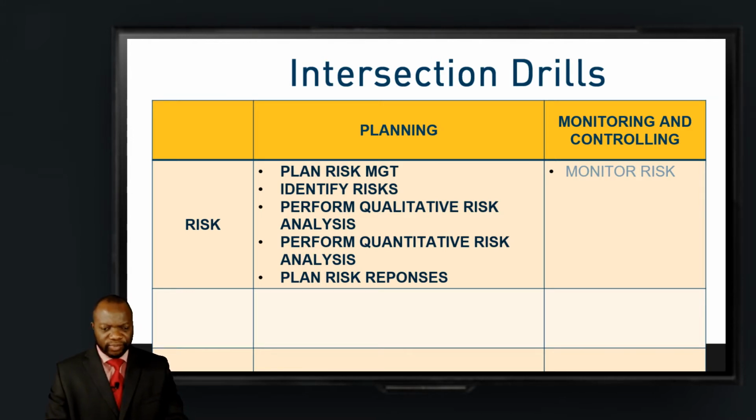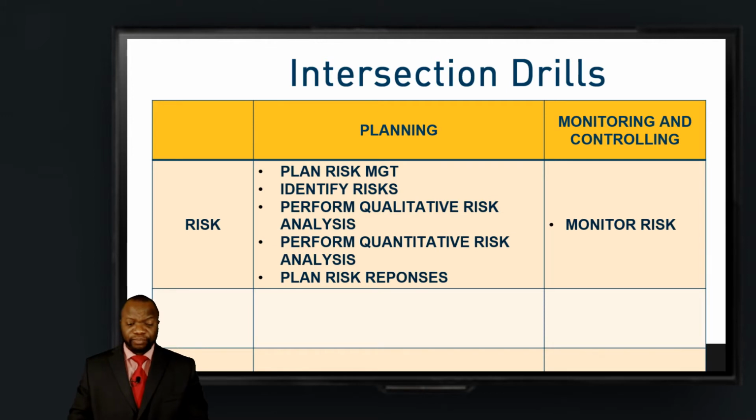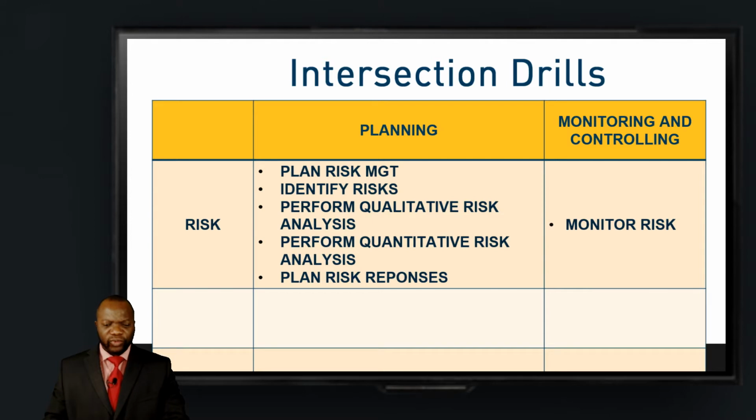And this often comes as a surprise to people, especially on exam questions that may allude to monitor risk being where you find the new risks. It actually is where you find new risk. So keep that in mind. All right. Now we're done with this.